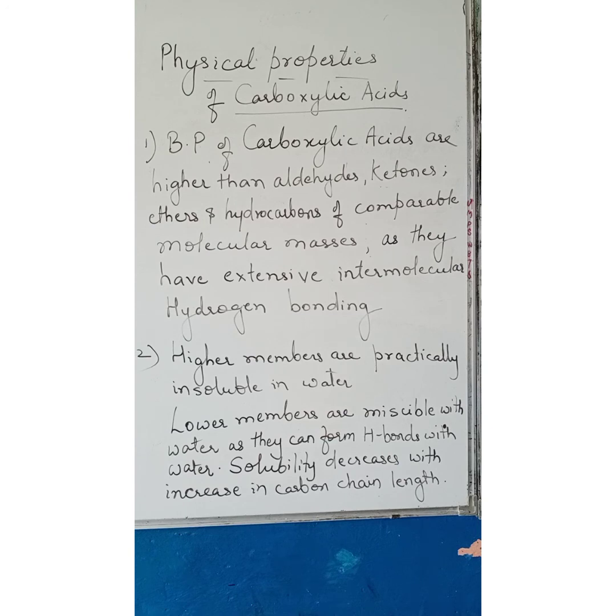However, solubility decreases with the increase in the carbon chain length. Carboxylic acids are also soluble in less polar organic solvents like benzene, ether, alcohol, chloroform, etc. Benzoic acid is the simplest aromatic carboxylic acid and is insoluble in water.